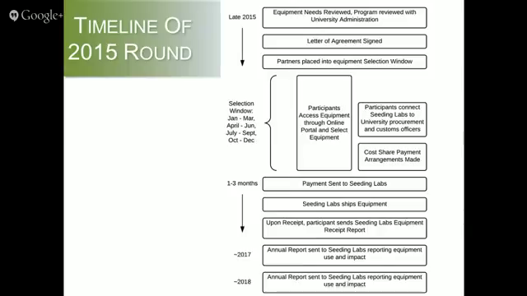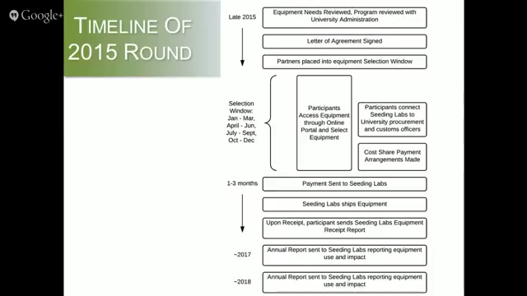What you see here is an approximate timeline for the 2015 round of applications. Awards will be made in mid-September, and in late 2015, we'll review with each university, administration, and department the program and their specific equipment needs, sign a letter of agreement, and place partners into an equipment selection window.